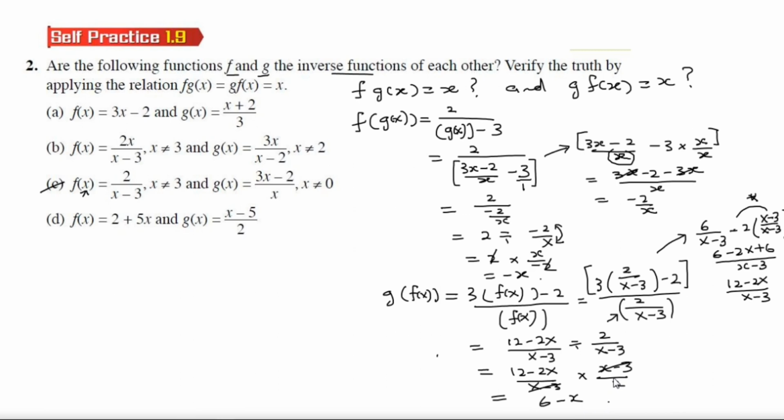So we can see that, this is our conclusion, f(g(x)) is equal to negative x, is not equal to x, and g(f(x)) equals 6 minus x is also not equal to x.